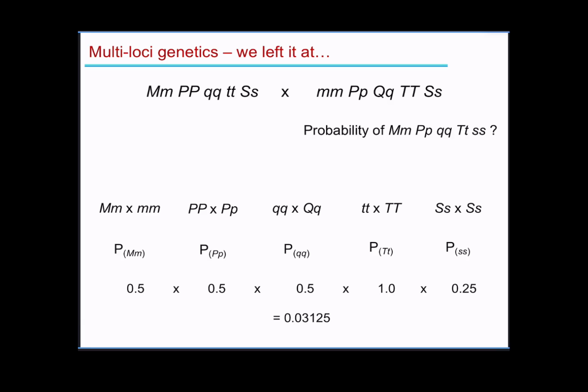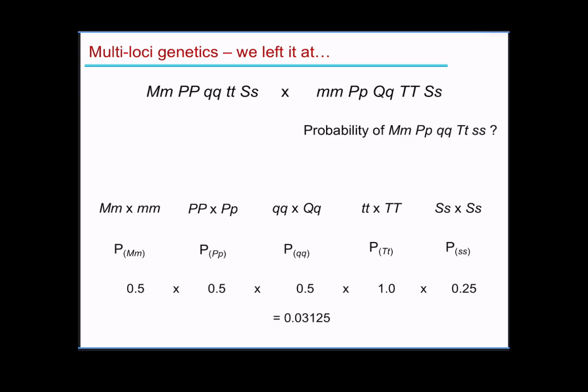We said that anytime we have a cross that involves several loci, in this case 5 of them, and we're asked the probability of a particular outcome, a particular genotype, one convenient way to approach this is to split up the cross into a number of monolocus crosses equal to the number of loci that you had originally.